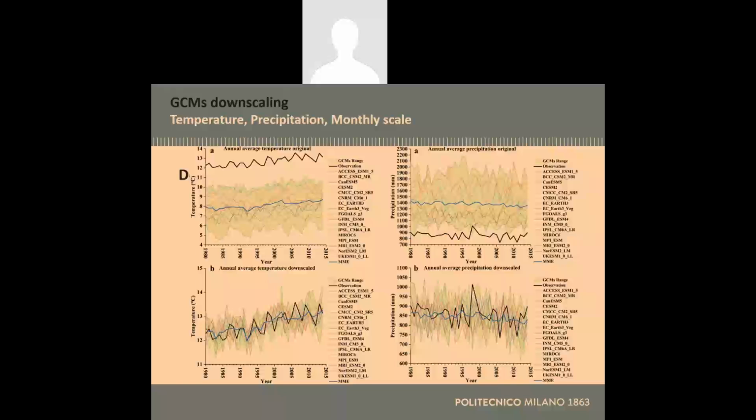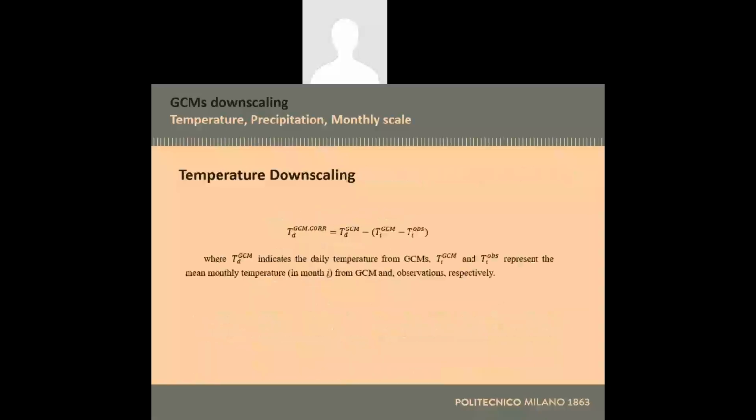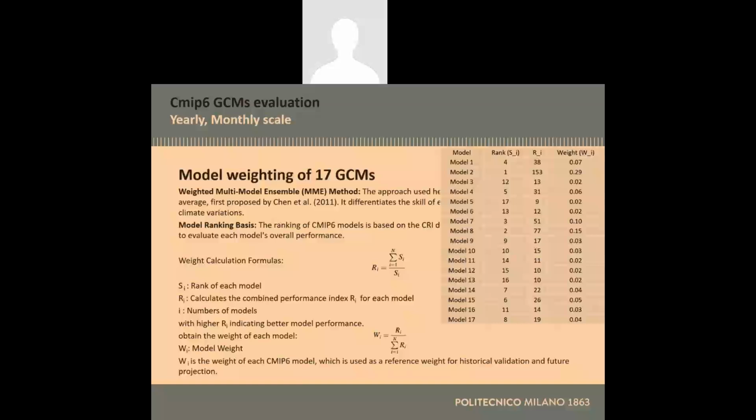Maybe they have different results, but here I only show the average of the 17 models. This one is not weighted because it is after downscaling, so I only use the simple average of the 17 models. If you didn't do downscaling, you can use weights on the original data output.